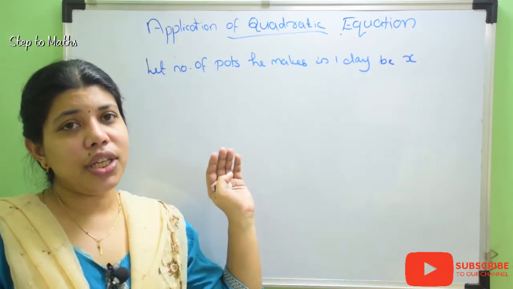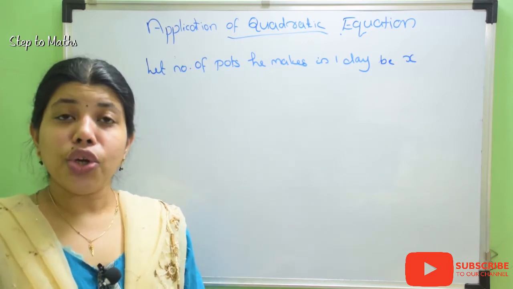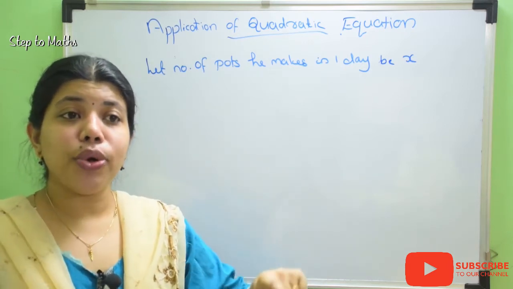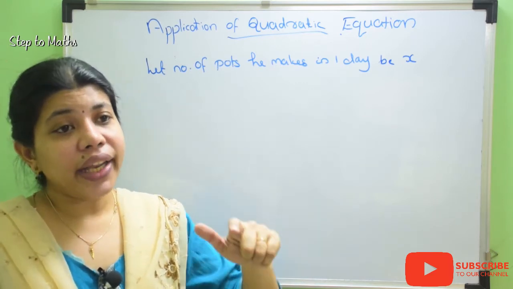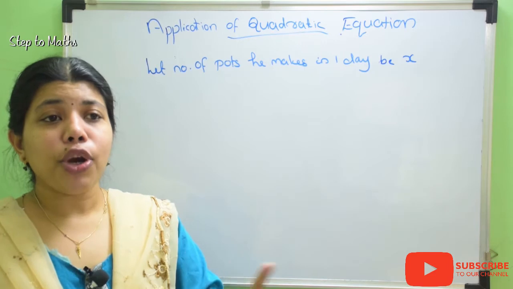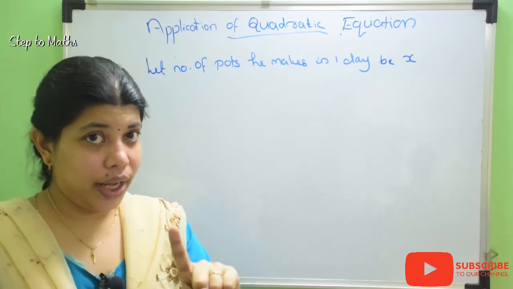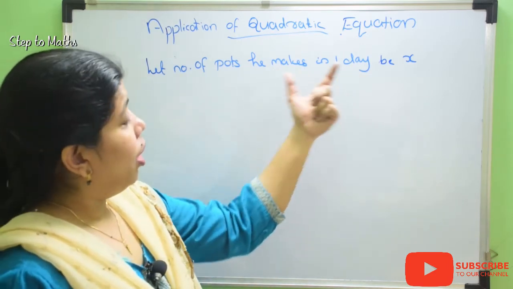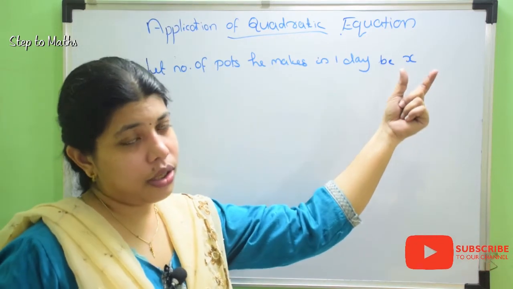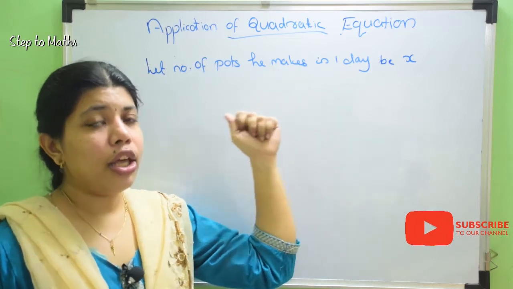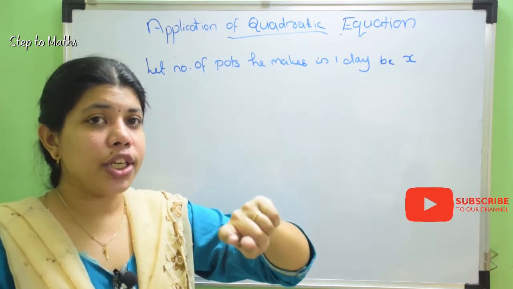He runs his business per day, so the number of pots he makes in one day is x. And the first condition is given: the production cost of each pot is rupees 40 more than 10 times the total number of pots he makes in one day. One day he makes x number of pots. Then how can we represent the first condition?